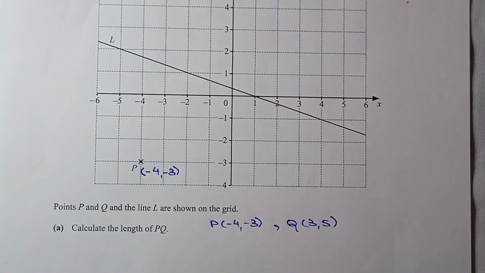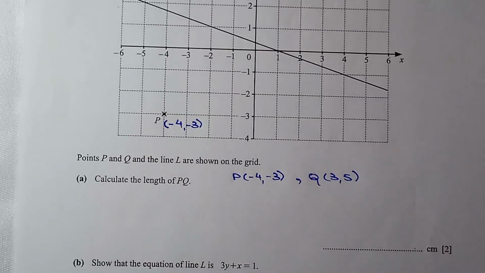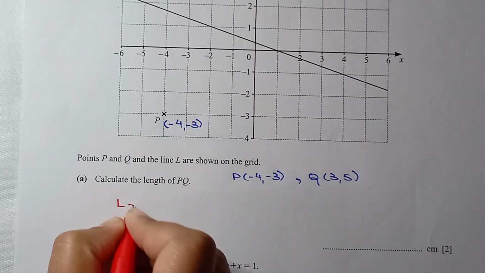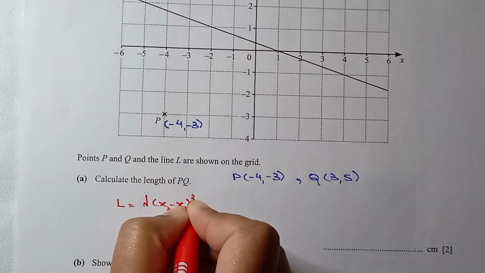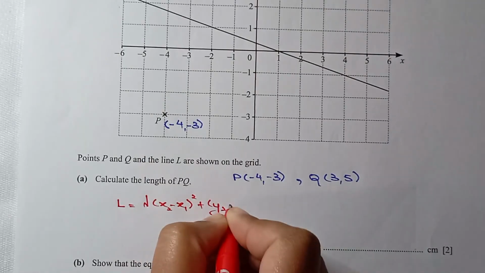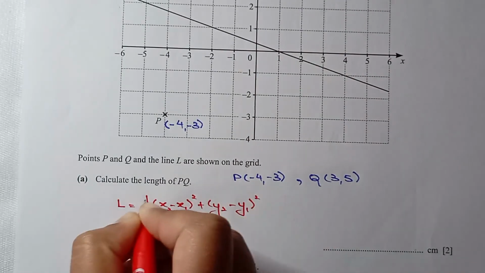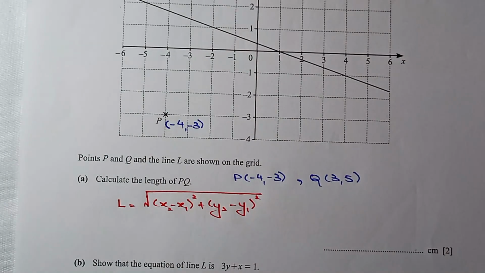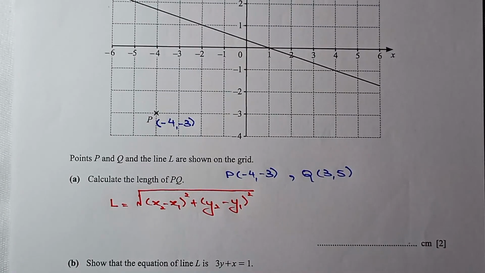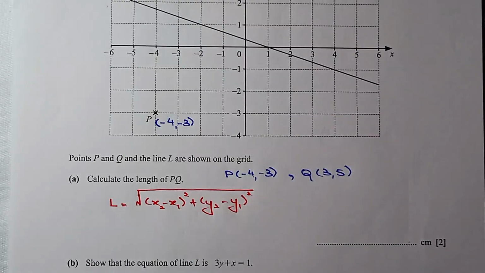We need to find the length of the line PQ by using the formula for the length, that is equal to the square root of (x2 minus x1) whole squared plus (y2 minus y1) whole squared. Let me substitute the values. P is x1, y1 and Q is x2, y2.